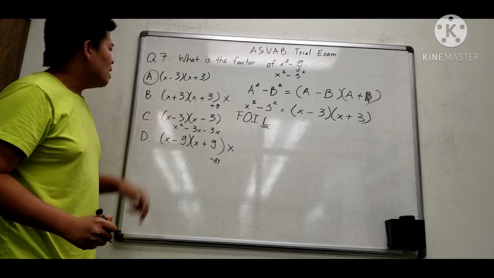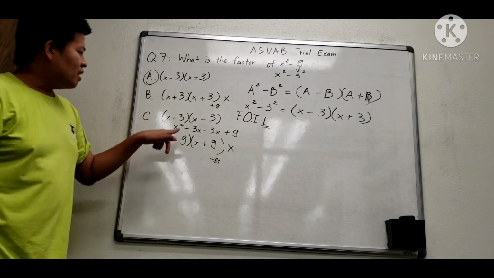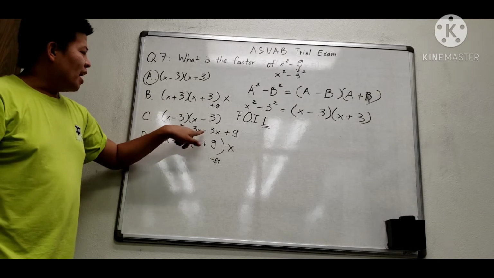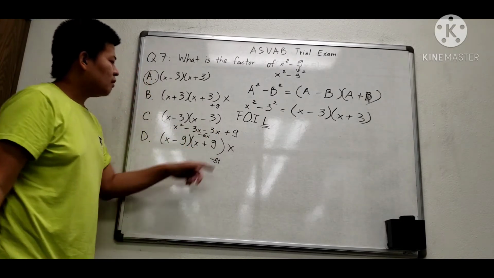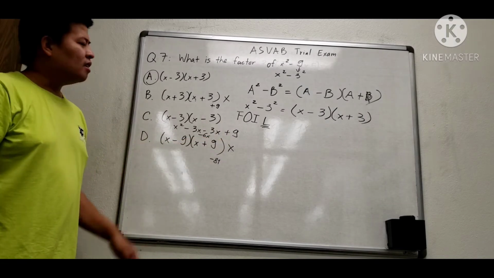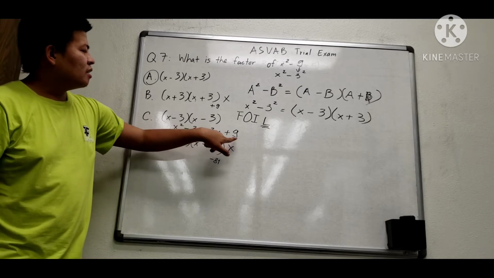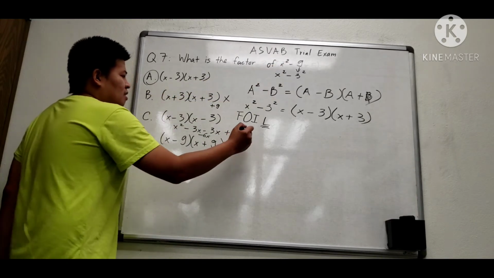And minus 3 multiplied by minus 3 gives positive 9. So s power 2 minus 3s minus 3s gives minus 6s, and a positive 9. You can see that s power 2 minus 6s plus 9 is not similar to s power 2 minus 9, so C is wrong.